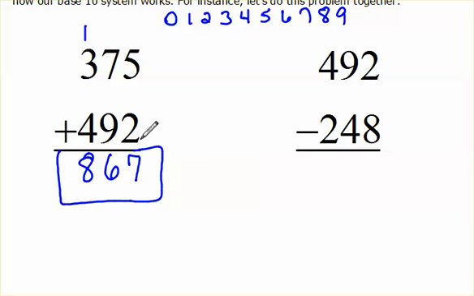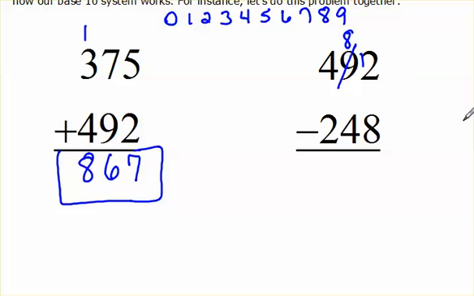Now with addition, it's not nearly as difficult for students to understand as it is with subtraction. And I know that I have been guilty of doing this also. When we learn to do subtraction, and especially when we learn to teach it, we just tell students, well, you can't take 8 from 2, so you have to borrow here and change that to an 8 and add the 1.